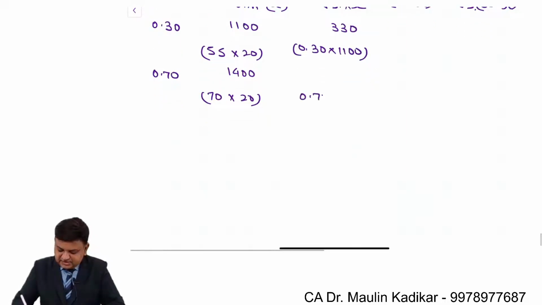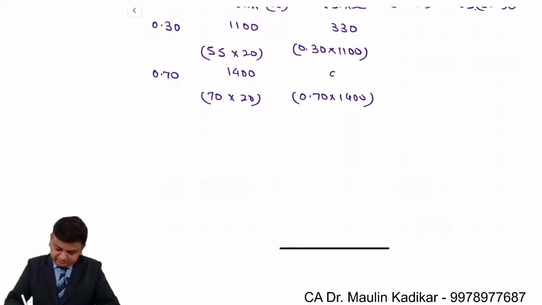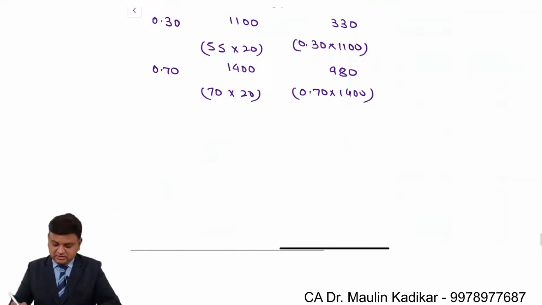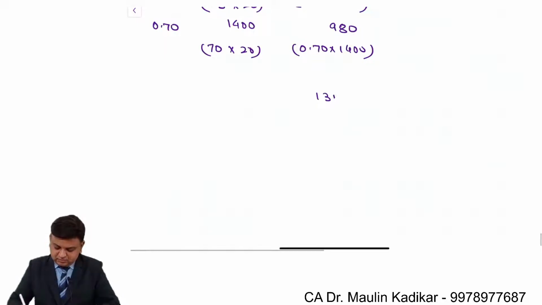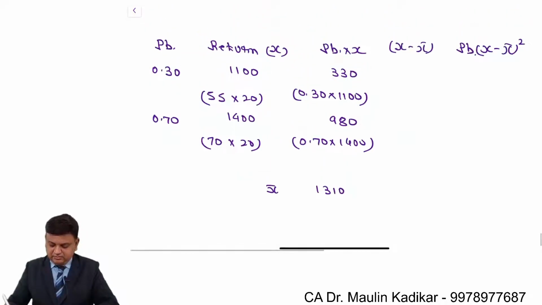And 70% chances the return will be 1400, that comes to 980. 980 plus 330 comes to 1310. This is the way the x bar can be calculated.